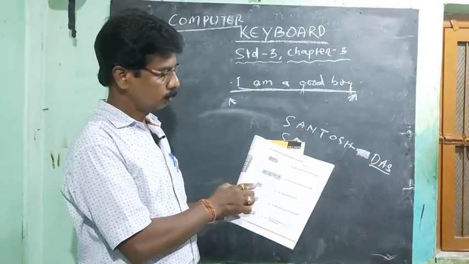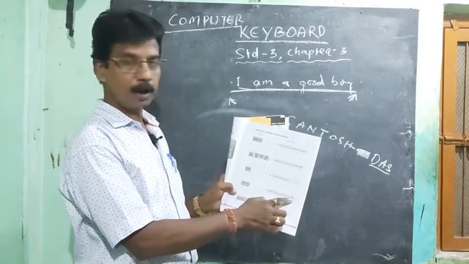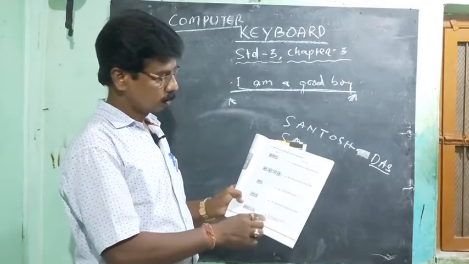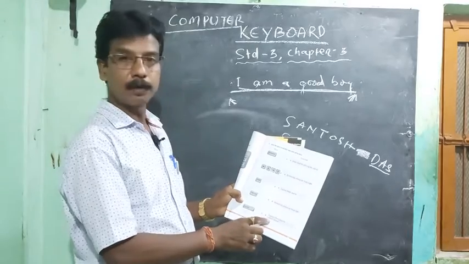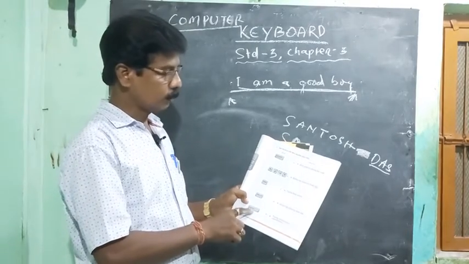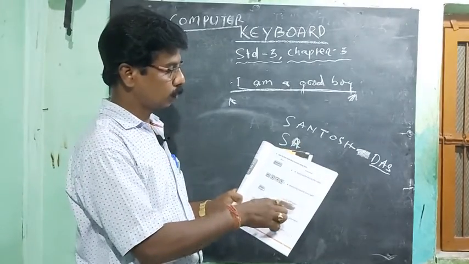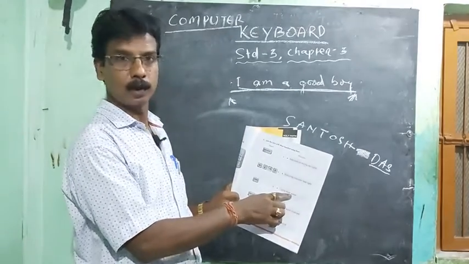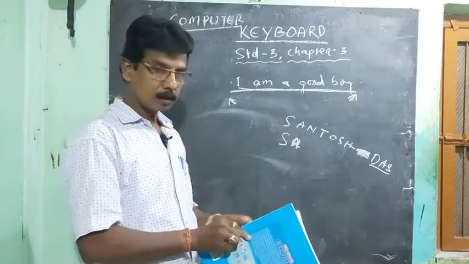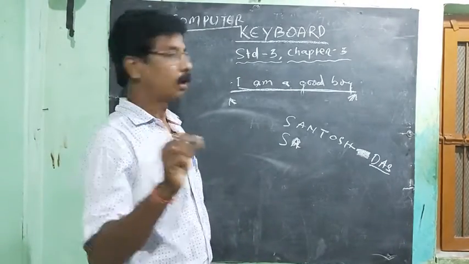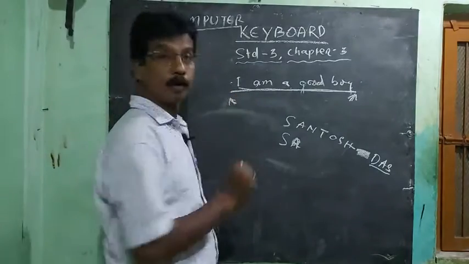Delete key means removing a character. Caps lock means typing characters in capital letters. Space bar means just to gap word from word, typing a blank space. Okay, with this, today's third chapter of standard 3 is complete.